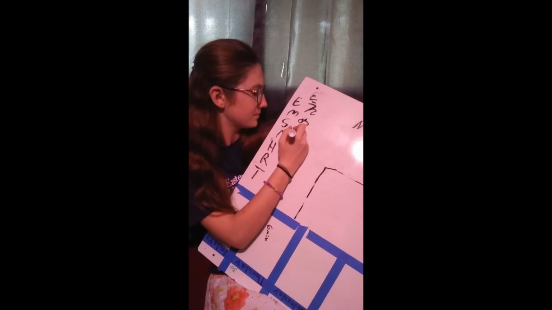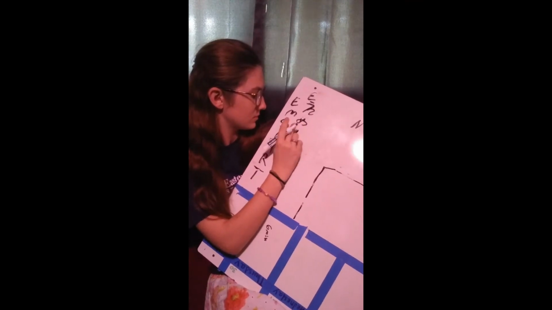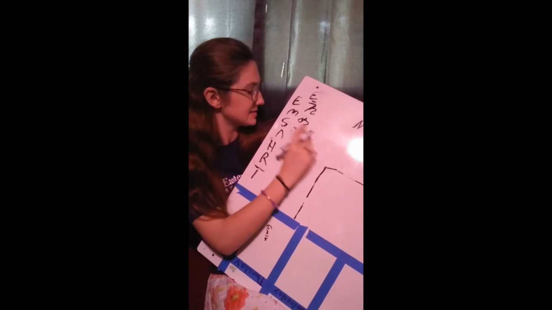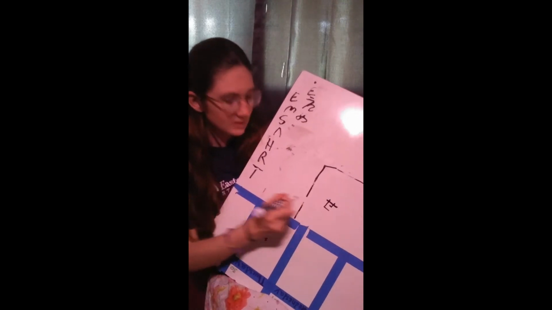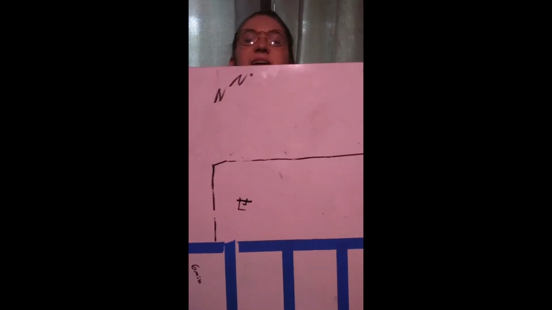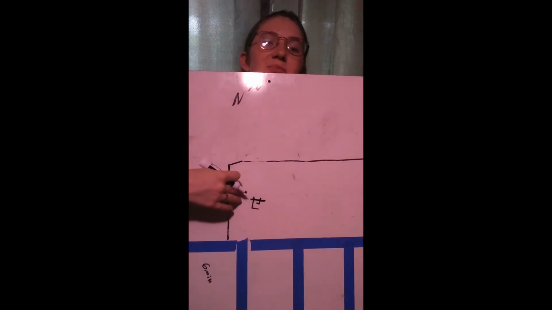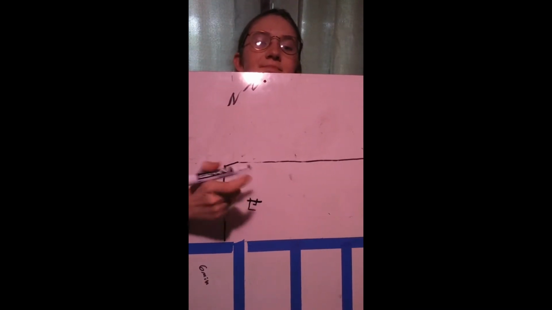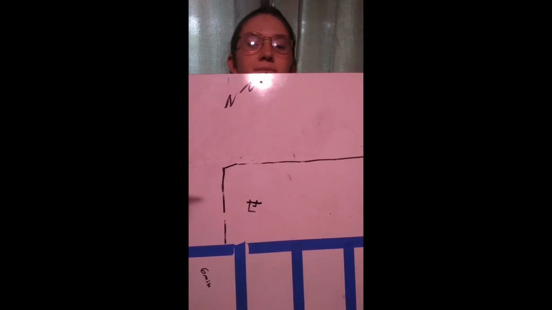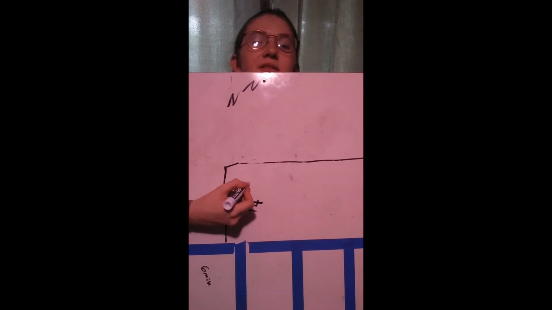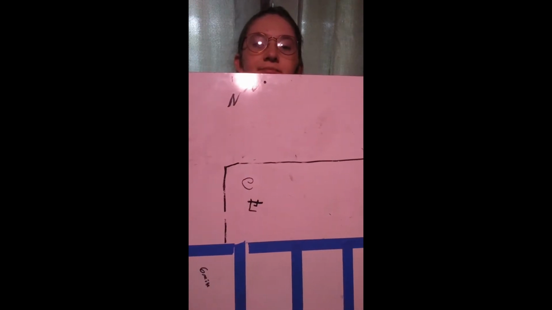Okay, se. Se is a special one because you can remember it by, see? It looks like an E with these little lines up top. See? Looks like an E, because an E looks like this.